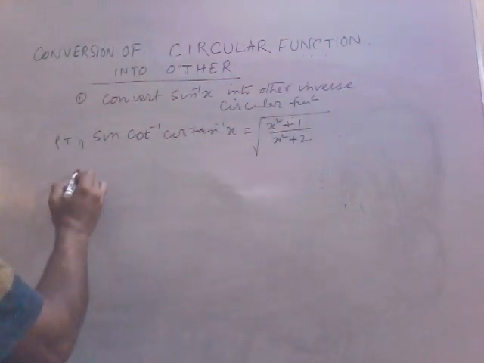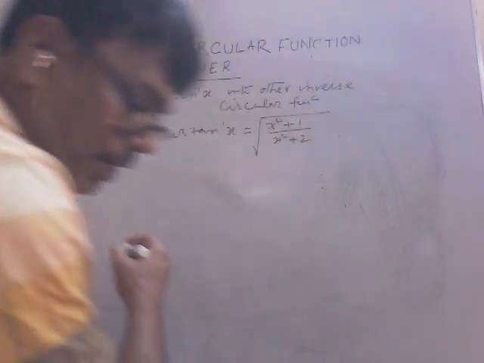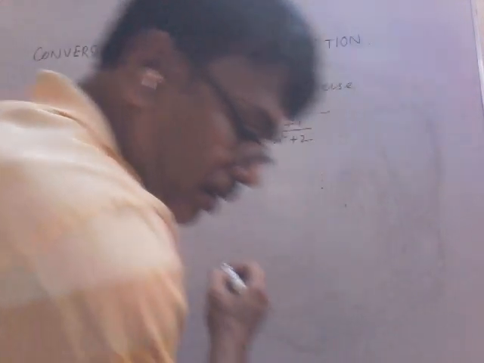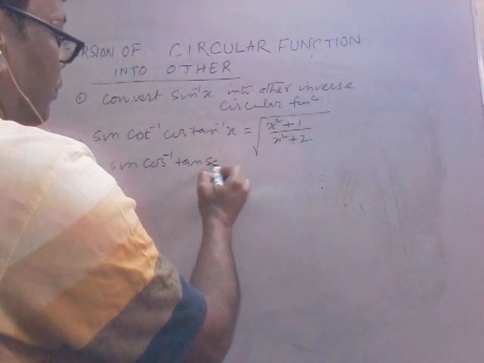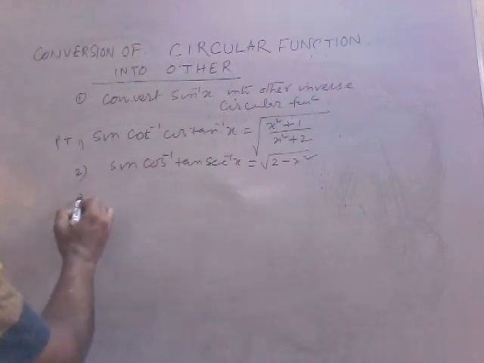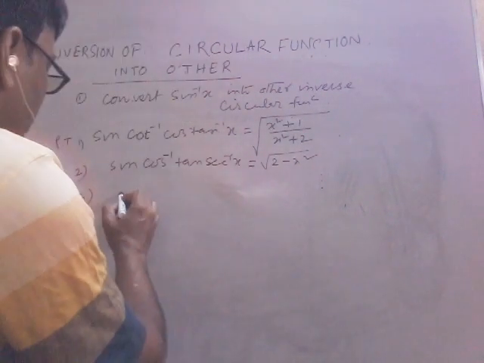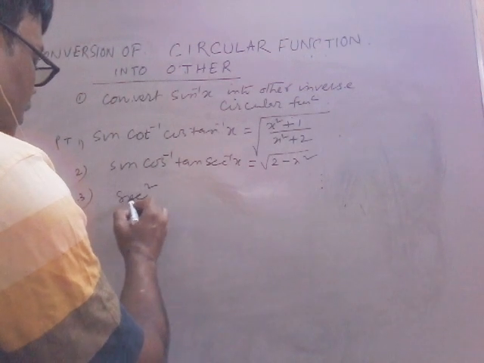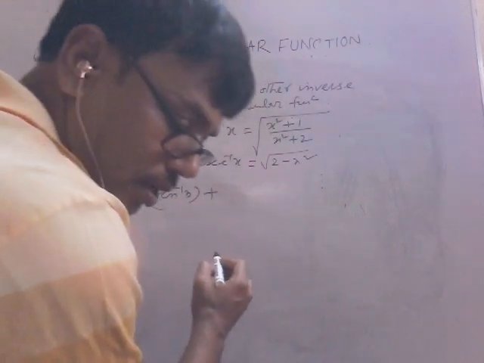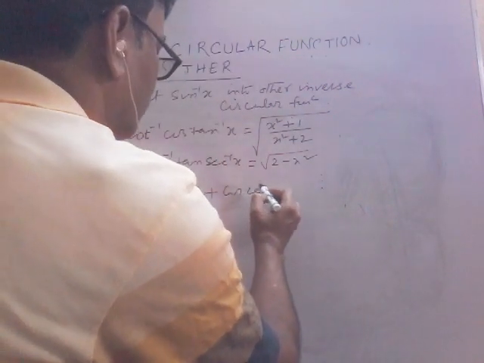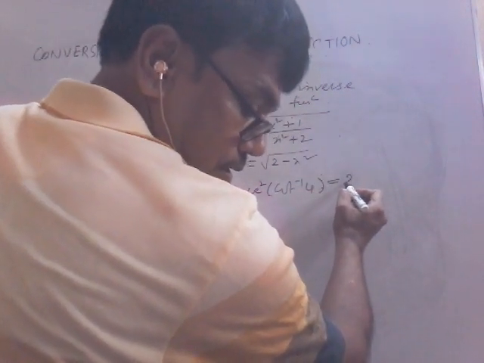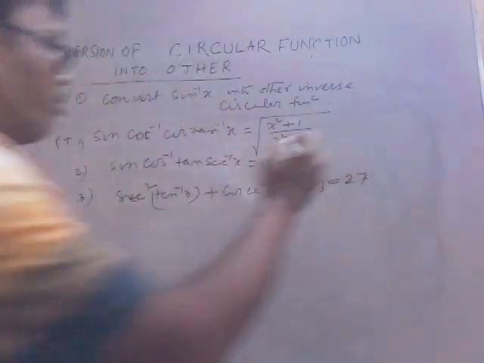Number 2: sin(cos⁻¹ ... ) tan(sec⁻¹ ... ) = √(2 − x²). sec²(tan⁻¹ 3) + cosec²(cot⁻¹ 4) = 27.